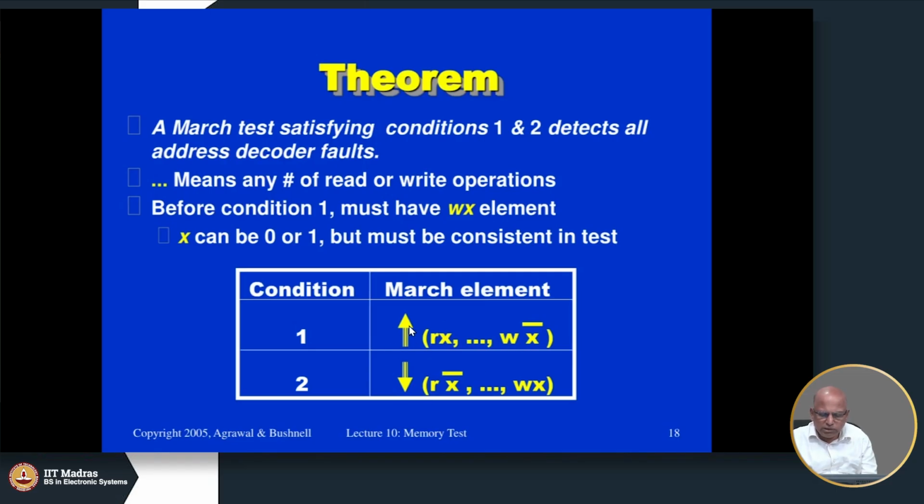If you have either of these, okay, then it detects all address decoder faults. So that is like a theorem. Okay, so both should be there. So you should read 0, then write 1, followed by read 1, write 0. So this is like a condition.